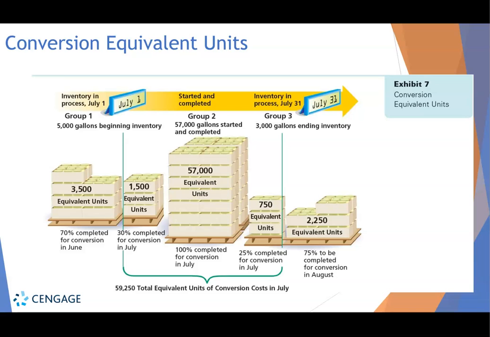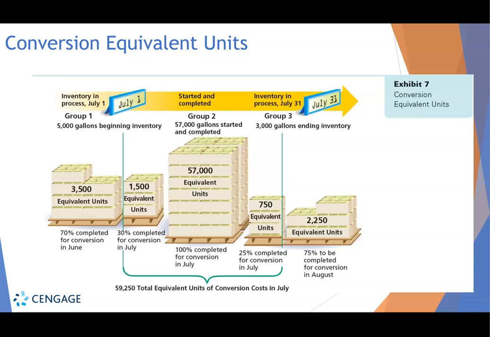Now this slide shows that the July 1st inventory has 5,000 gallons of whole units, which is Group 1. Those are 70% complete as to conversion costs.